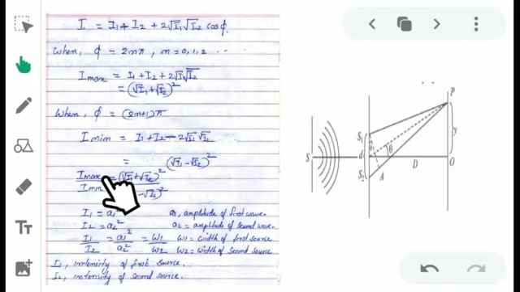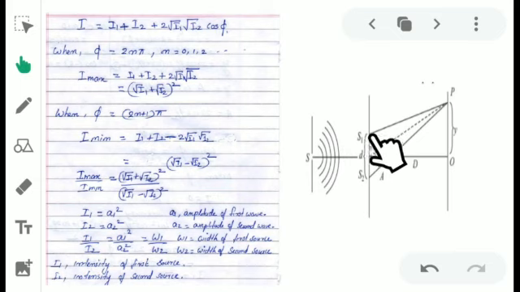Then I max upon I min is root I1 plus root I2 the whole square, upon root I1 minus root I2 the whole square. We can write I1 is equal to A1 square and I2 is A2 square, then I1 by I2 is A1 square by A2 square, that is equal to W1 by W2.